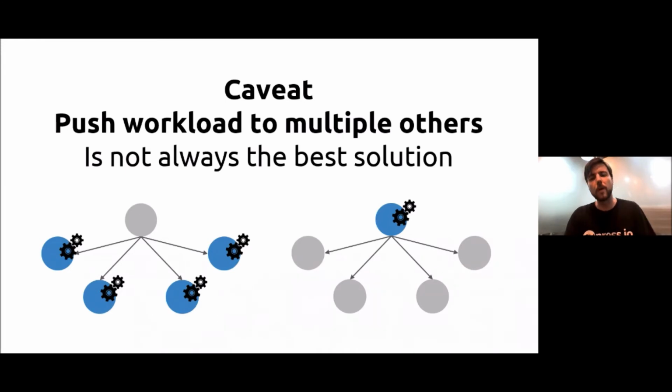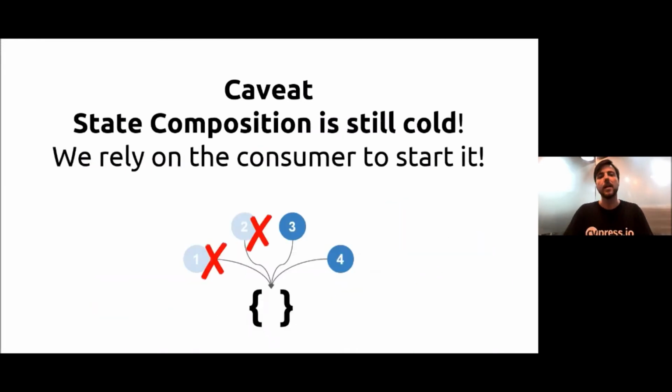The second, way more important caveat is that your state composition is still cold. And this is very tricky, and not a lot of people consider this problem. If you have a source which emits a state and then you process this state in some way over operators, the processing of this state will get triggered by the subscription to the source, which is not cool because you will lose values.